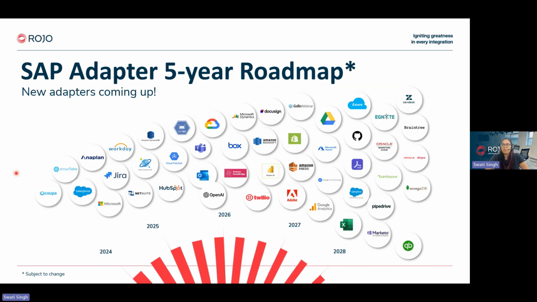You might have had a chance to use those as well. Keep in mind, you can influence the SAP adapter roadmap by putting requests on the Influence portal. I will show the link to that towards the end of our webinar. In case you have requirements for any additional third-party connectivity, SAP is always listening. So put it there and you will be able to influence what comes earlier.